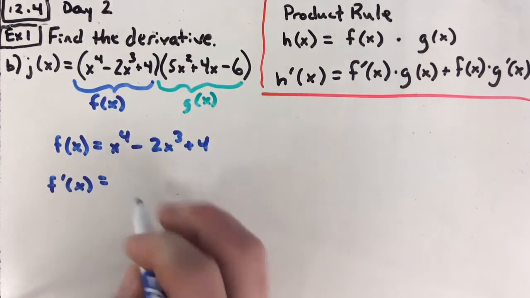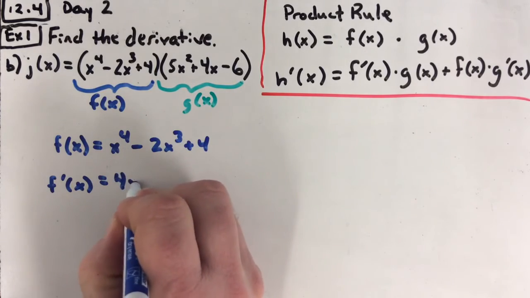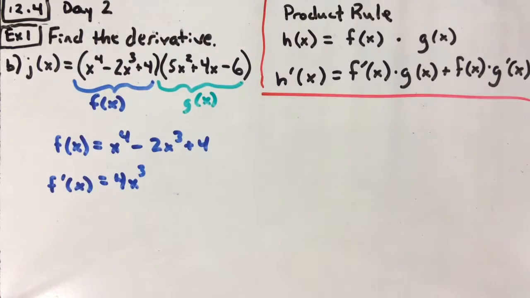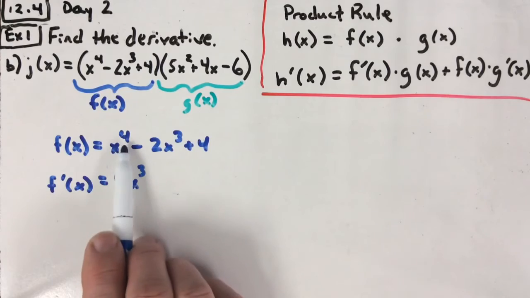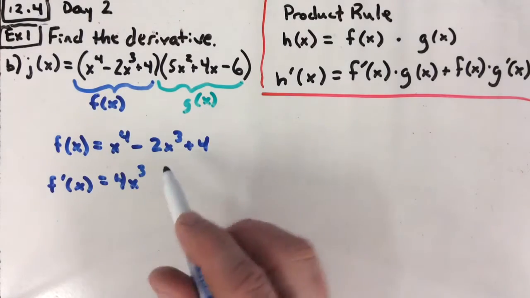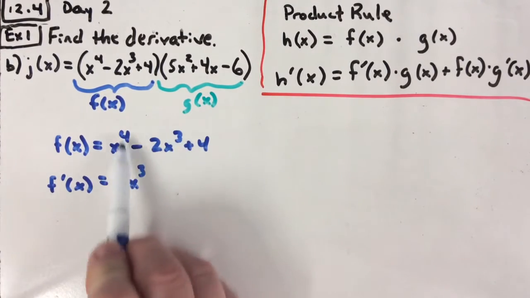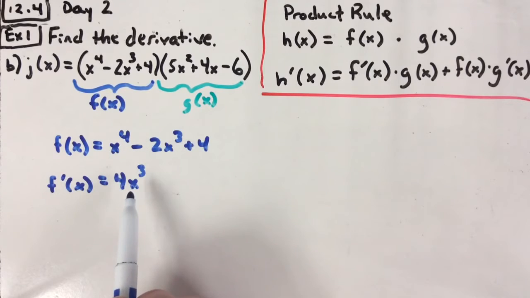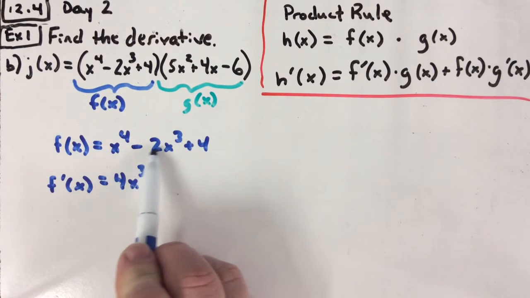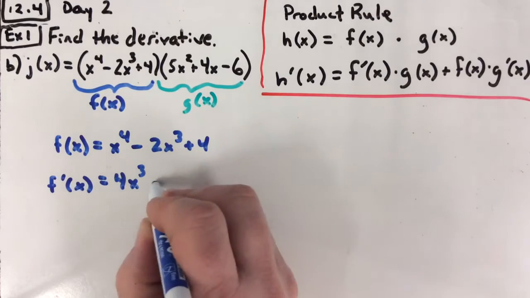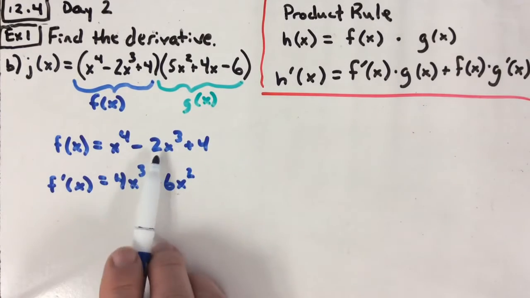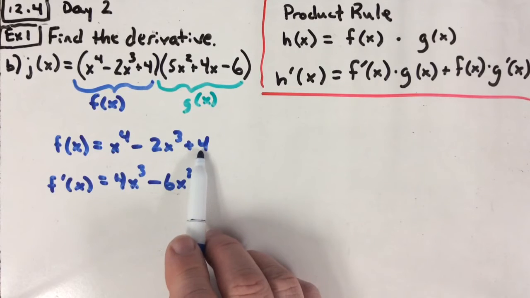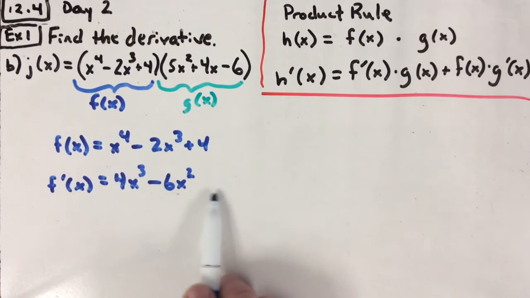The exponent I bring to the front, so this is going to be a 4, and then x to the power you reduce by 1. So that's 4x cubed. Then for our second term, minus 2x cubed, we take that exponent of 3, multiply by that minus 2 in front. It's going to give me a negative 6, and then reduce the power by 1, so it'll be an x squared. And the derivative of a constant is 0.